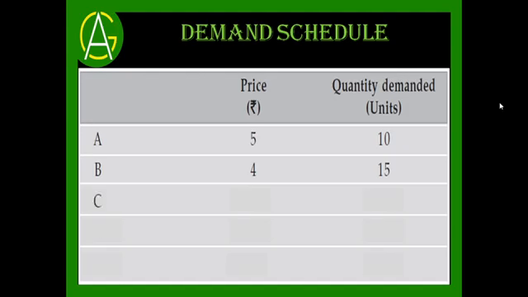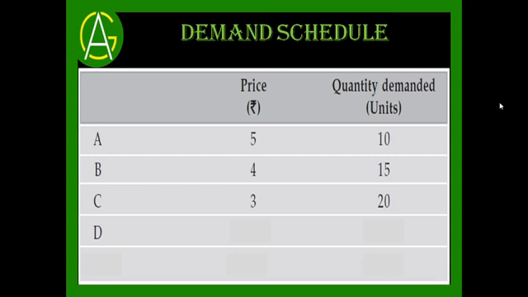Again, when the price was reduced to 3 rupees, the quantity demanded became 20. You can see that as the price is being reduced, the quantity demanded is being increased.